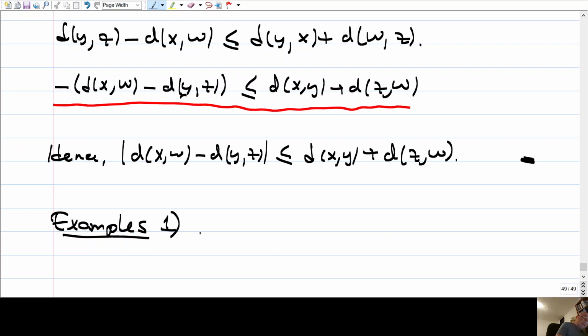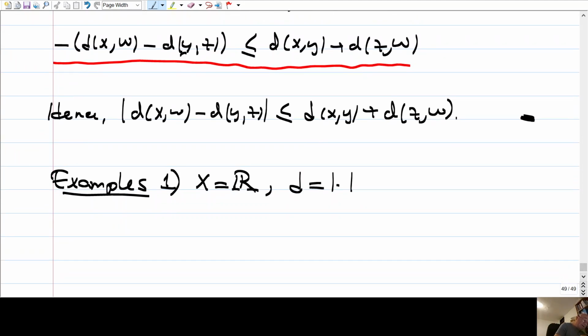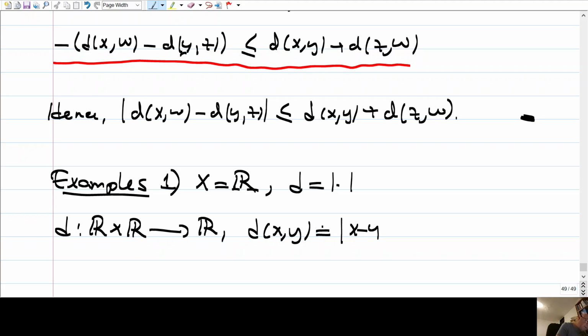The first one is x is the set of real numbers and d is the absolute value function. So d is this function. dxy is just the absolute value of x minus y.